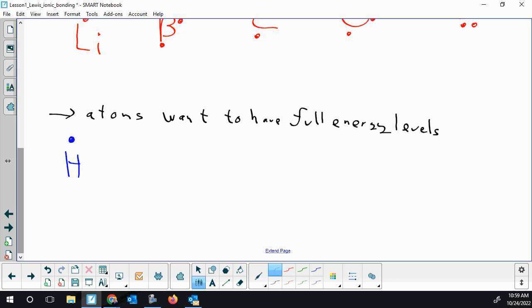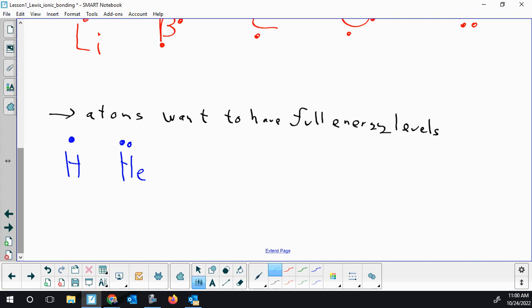Hydrogen's Lewis symbol just has 1 dot, and we can't put 4 dots around hydrogen. You can only put 2, or 1 pair. If we move over to helium, we're not going to spread them out because that first energy level can only hold 2. Okay. So helium, we're going to put 2 dots together.